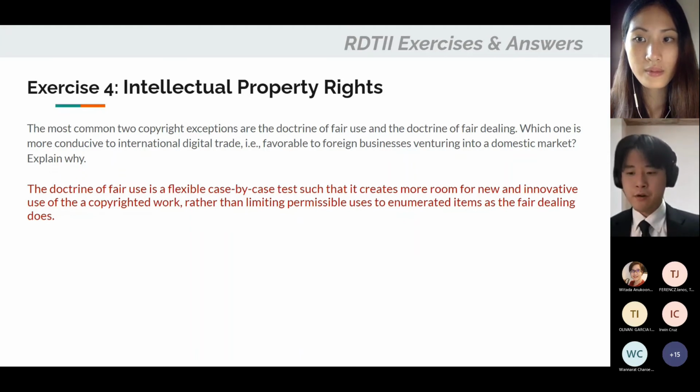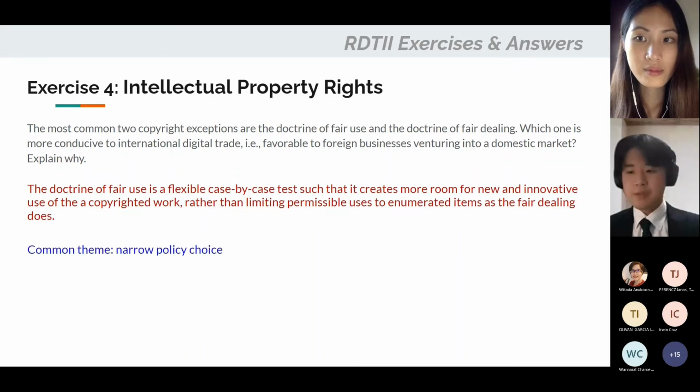Whereas the doctrine of fair dealing is quite a strict concept. It lists out every permissible use. If a particular use does not conform to this list, then it is not fair and it is not lawful. So there is less wiggle room for a foreign business to argue that its use is fair.